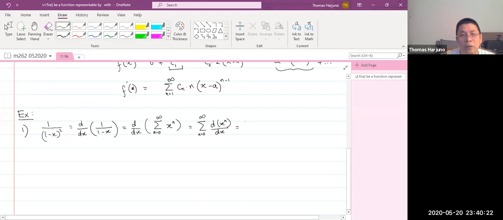That's n times x to the n minus 1, supposedly from 0, but the constant part disappears, right? So I will start from 1 now, and you can see that it has to start from 1. Otherwise, if you start from 0, then you have x to the negative 1, and up to infinity.